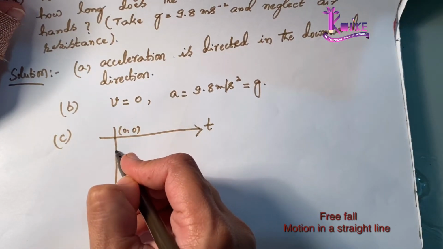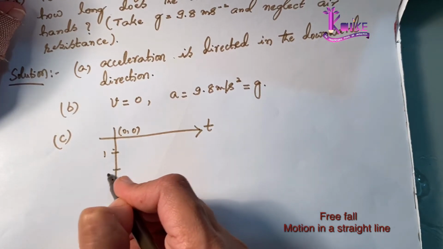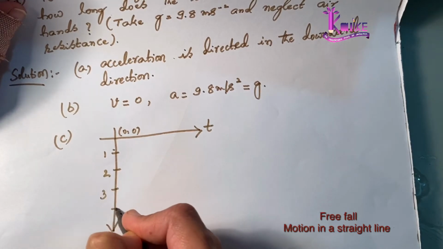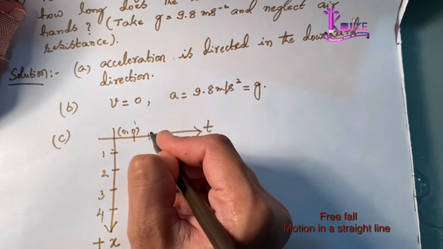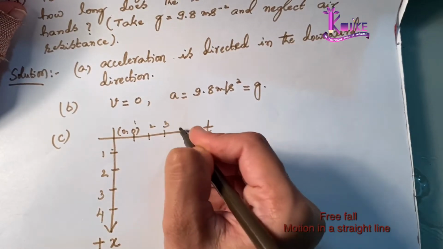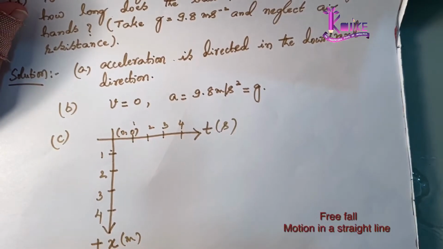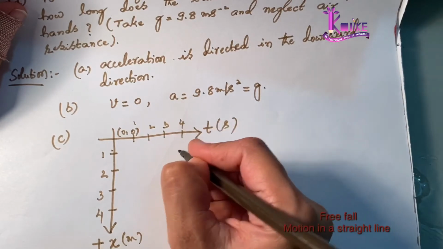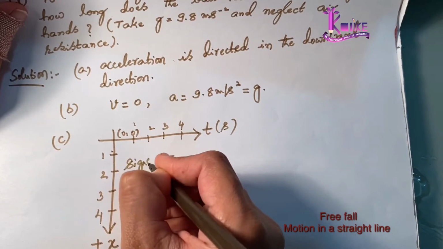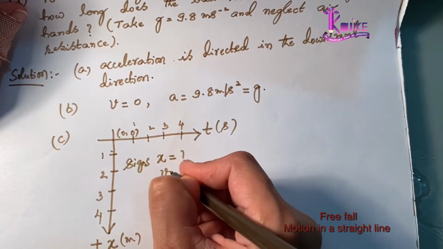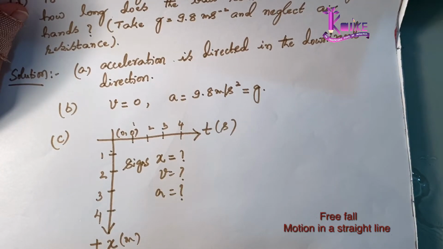So if I start graduating, this will be 1 meter, 2 meters, 3 meters, 4 meters, and so forth in this direction. And this is 1 second, 2 seconds, 3 seconds and 4 seconds, where x is in meter and t is in seconds, right. Now we have to find out the signs of x, v and a during upward and downward motion, right.